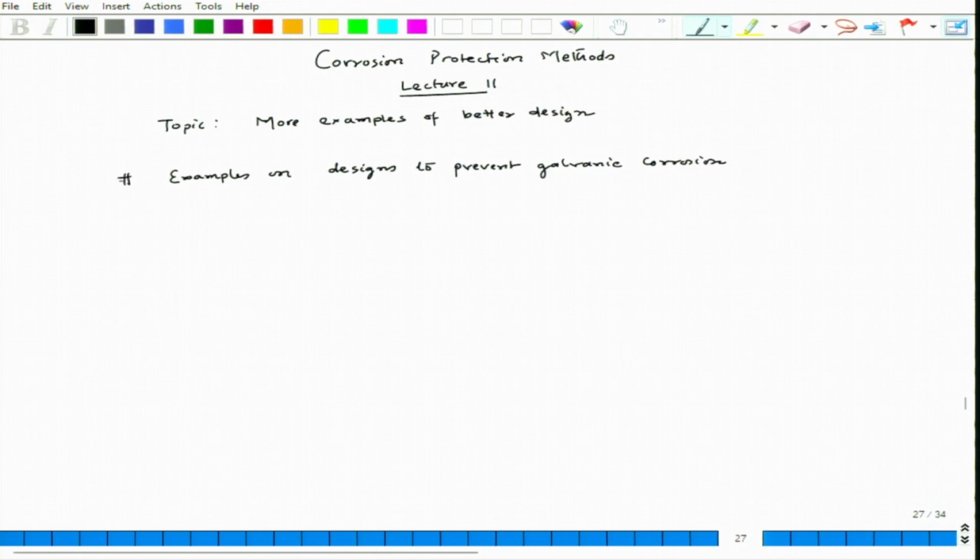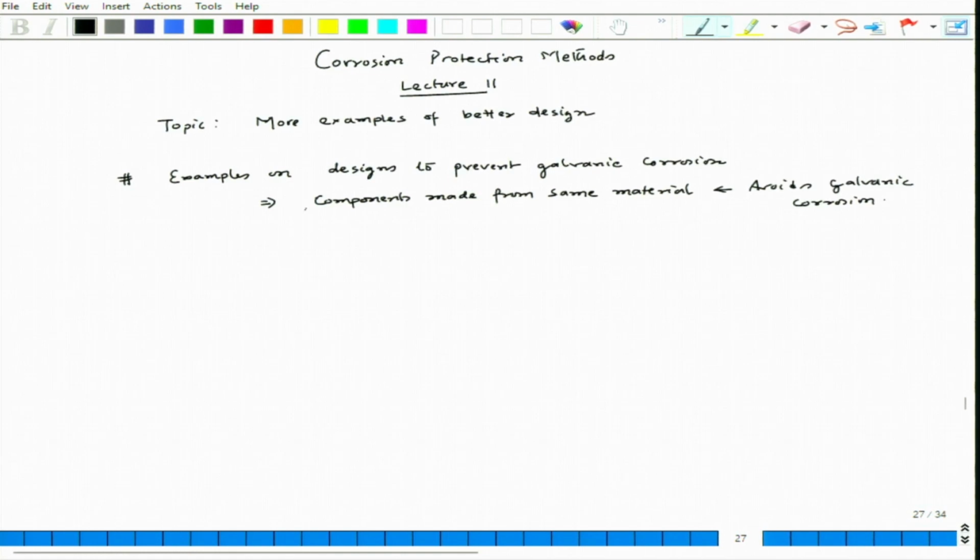Whenever we talk about galvanic corrosion, some of the things we discussed before. One is, as far as possible, we should have the same components made from the same material. This actually avoids galvanic corrosion, which is also called two metal corrosion.